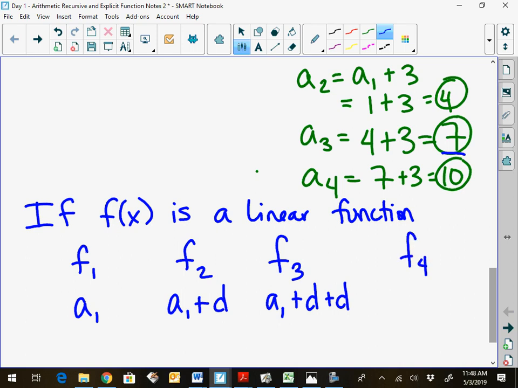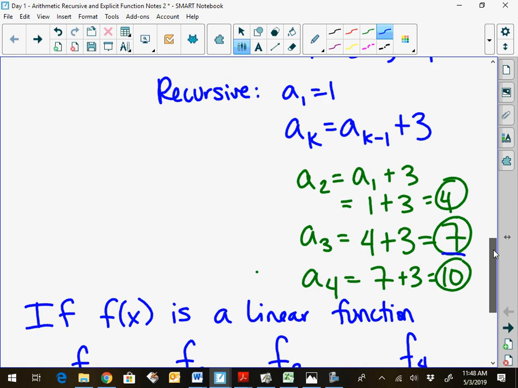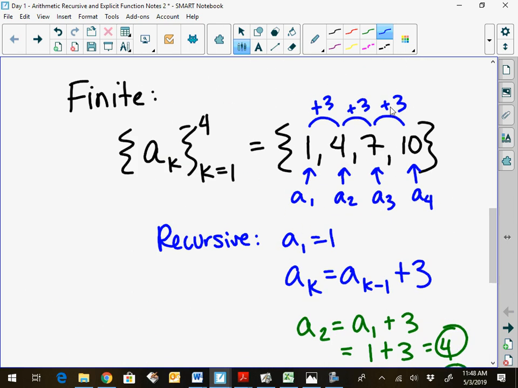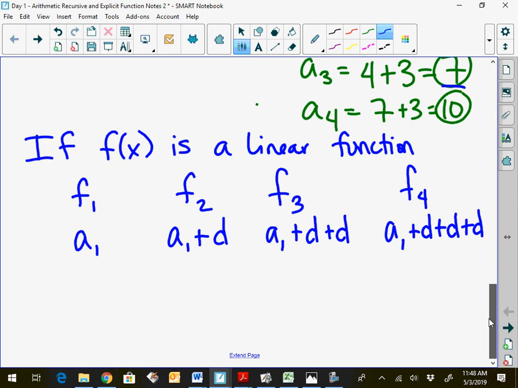So our fourth term in any instance, we would take our initial value plus the difference, plus the difference, plus the difference. Right? So you're always taking the value and then you're adding on this common difference that we found up here. So if we take our initial value, we add 3, we add 3 again, and we add 3 again, we should get to the fourth term here, right? So that's all this is saying.